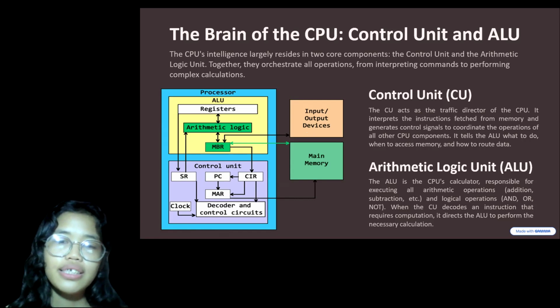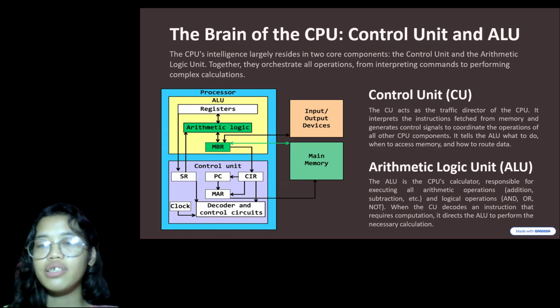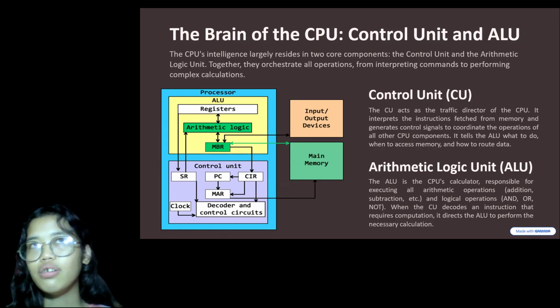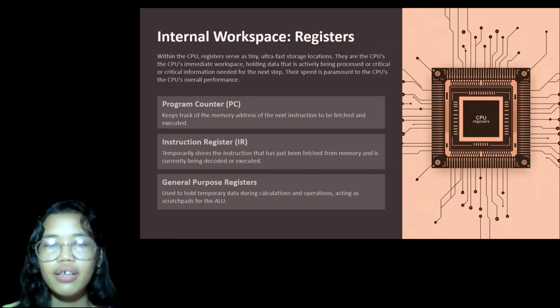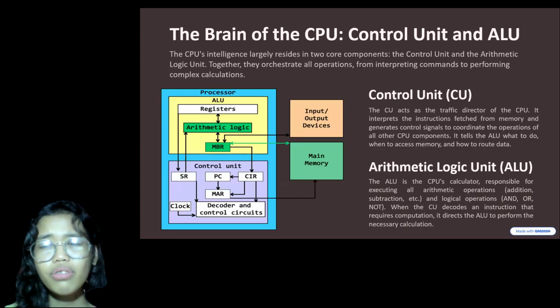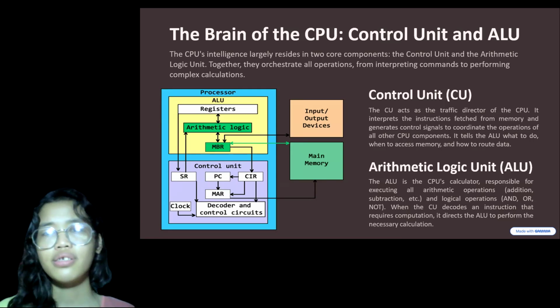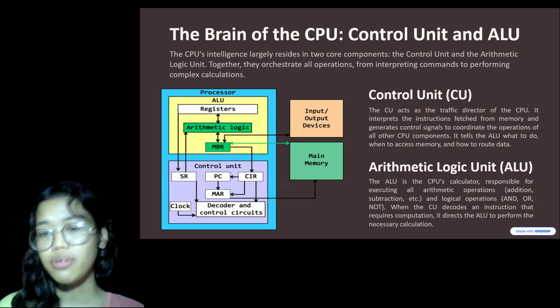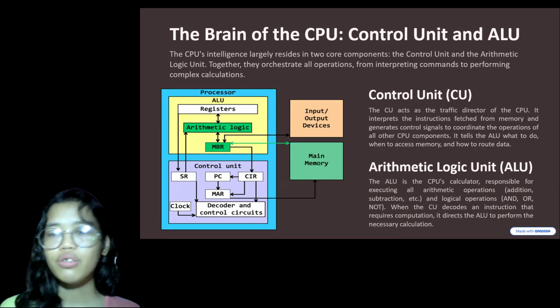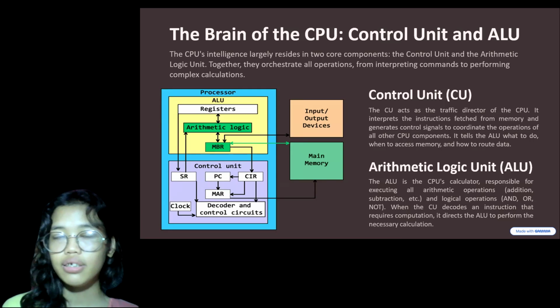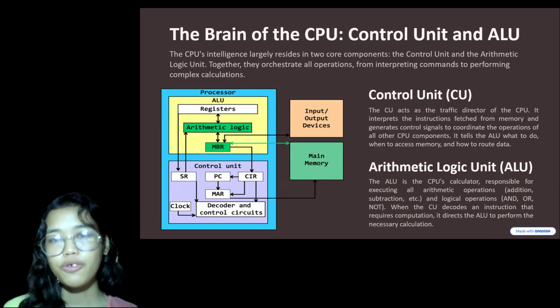And the next one is the ALU, or what they call the arithmetic logic unit. The ALU is the CPU's calculator. It is responsible for executing all the arithmetic operations like addition, subtraction, multiplication, division, and of course other logical operations like AND, OR, NOT, the Boolean operations.